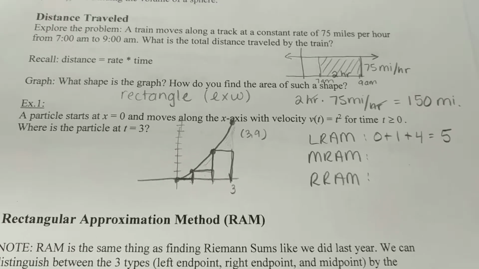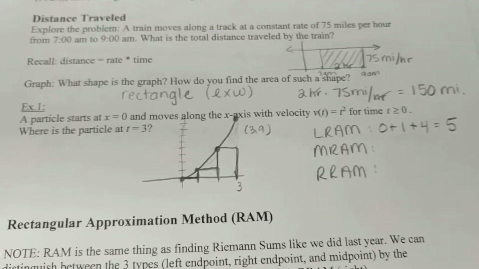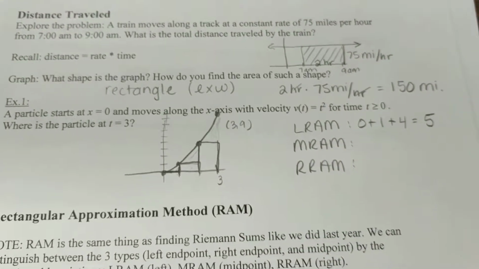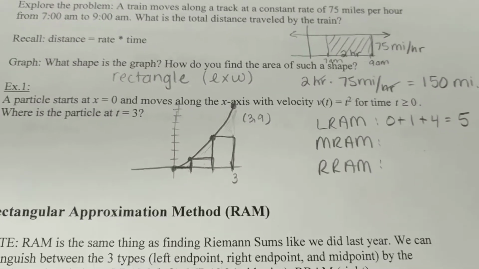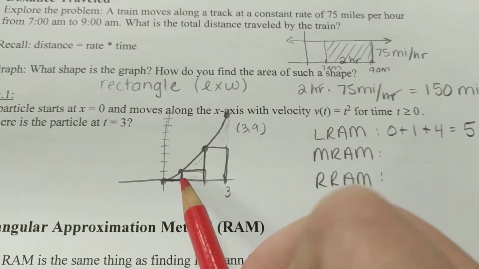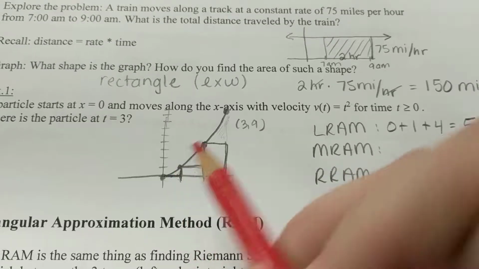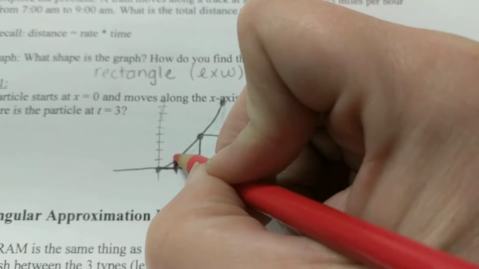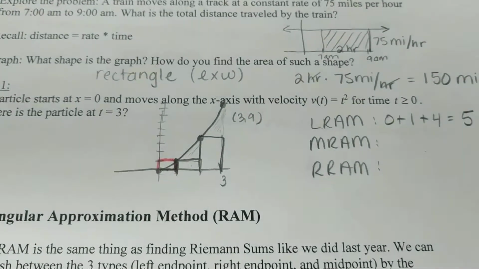Now I'm going to grab a second color. With my second color, I'm going to use red. I'm going to do the right rectangular approximation. Exact same method. So still I'm looking 0 to 1. The right hand endpoint is at 1. But now I have to draw my rectangle kind of backwards.